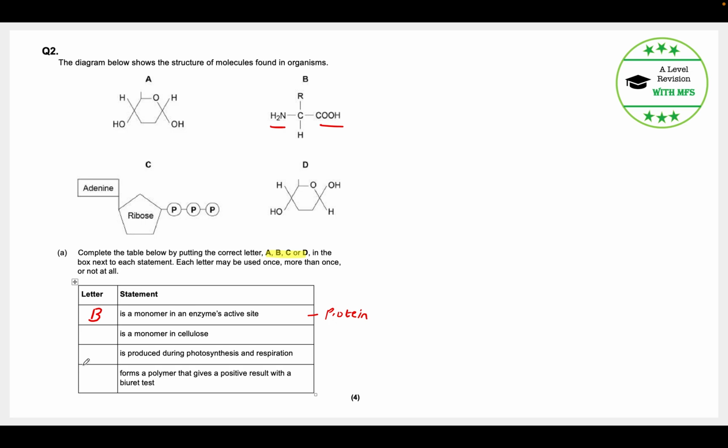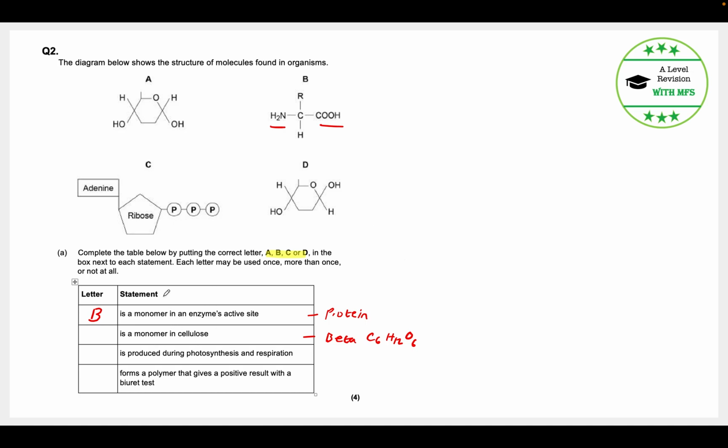It's a monomer in cellulose. We've just had a look at that. We know that it's beta glucose, so it's beta glucose. And remember, there's a difference between the structural formula of the beta glucose and alpha glucose.